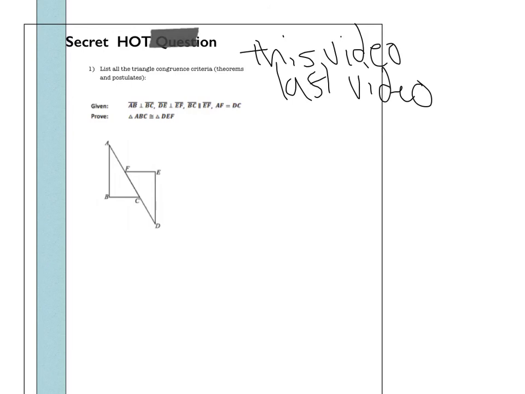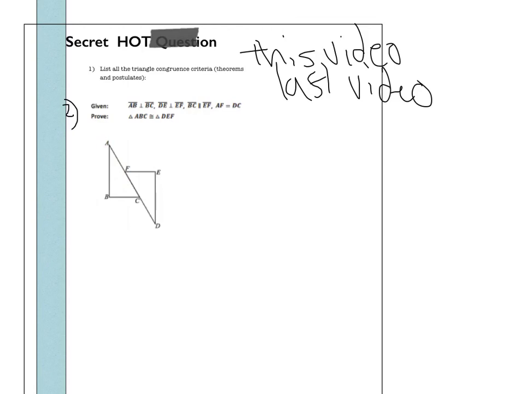And then your second problem is given line segment AB is perpendicular to segment BC, and segment DE is perpendicular to segment EF, and segment BC is parallel to EF. Then, and AF is equal to DC, so AF is equal to DC.